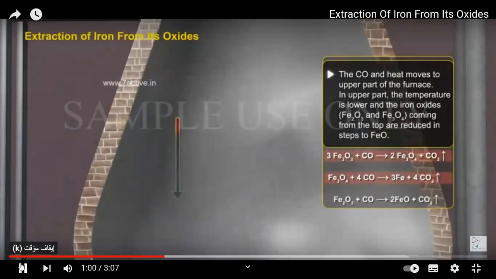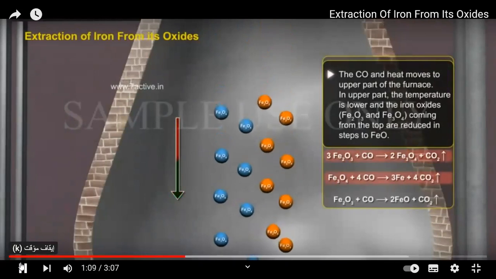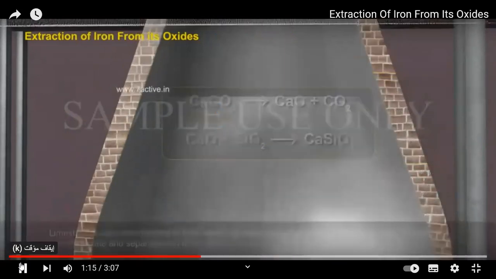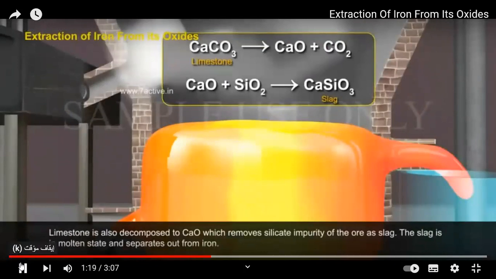In the upper part, the temperature is lower and the iron oxides Fe2O3 and Fe3O4 coming from the top are reduced in steps to FeO. Limestone is also decomposed to CaO, which removes silicate impurity of the ore as slag. The slag is in molten state and separates out from iron.